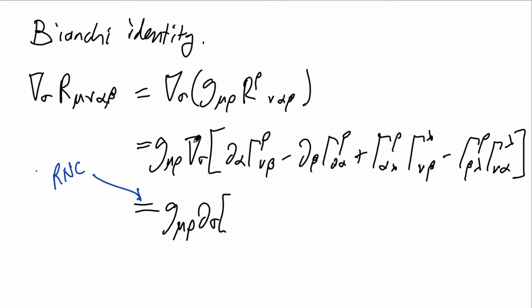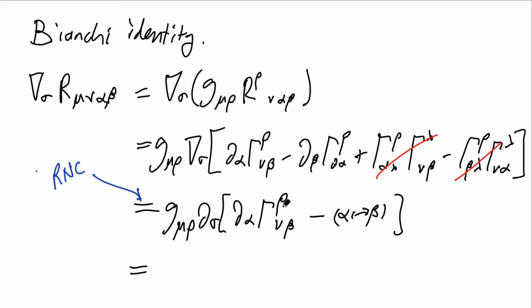And also notice when this partial derivative acts on these combinations of two gammas, it will act on either one or the other of the factors of gamma, but the other factor of gamma, when evaluated in Riemann normal coordinates, will vanish. So all of these terms we can drop, and here we're left with ∂_α Γ^ρ_νβ minus this term, which is just obtained by swapping alpha and beta.